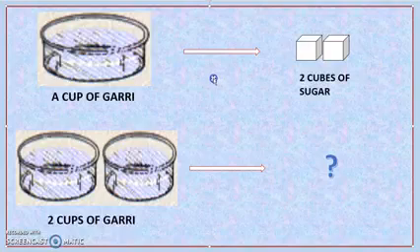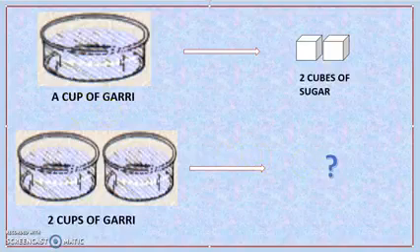So if you are taking 1 cup of gari, you'll be giving 2 cubes of sugar. So if you are giving 2 cups of gari, I guess you know how many cubes of sugar my mom will give you. So it became like a standard in our family then.